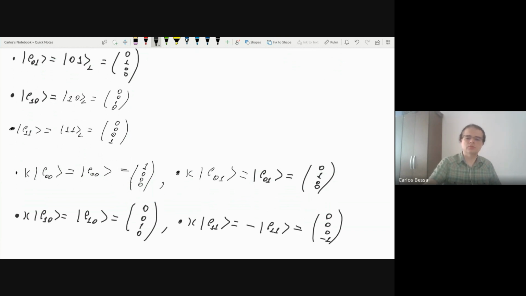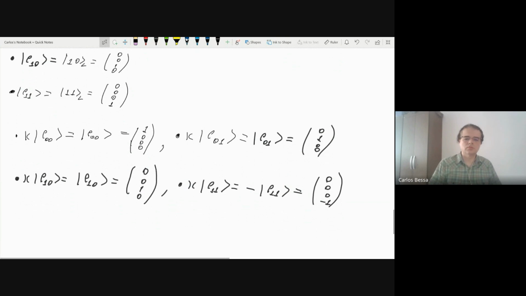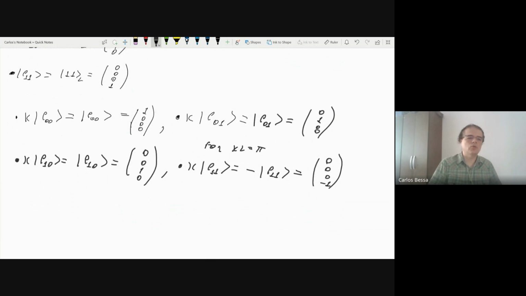Okay. Let's write this for chi L equal to pi. Okay, so we have this 4, and we can write the matrix for K, right?